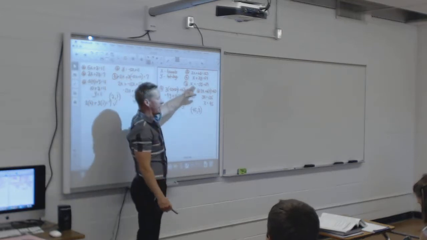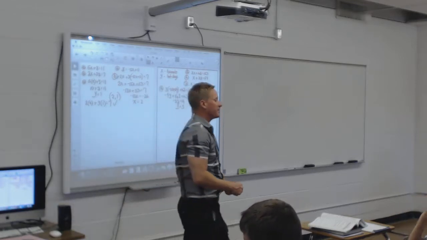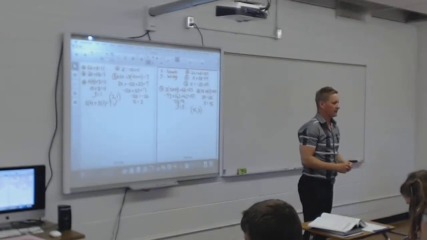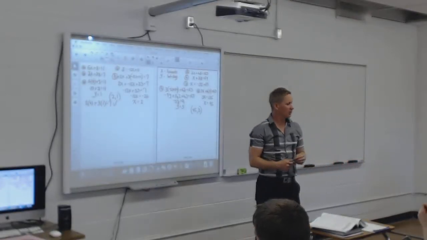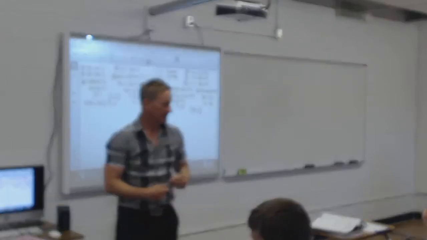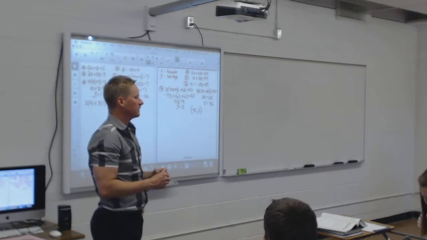Over here, I isolated x. It doesn't really matter. And why did I choose x? Because it has a coefficient of 1, so it's easy math, right? Okay, I'm all about easy math. Any other questions about that?